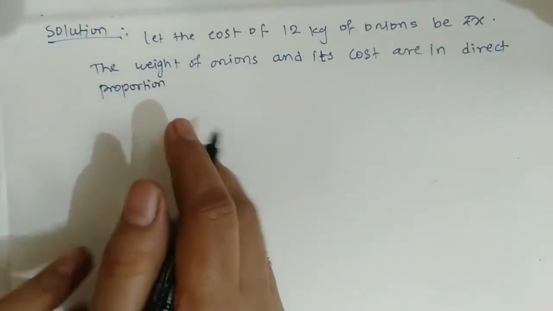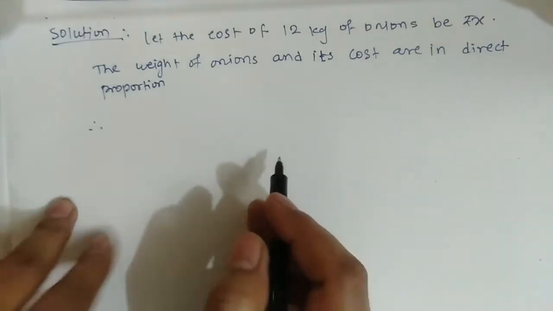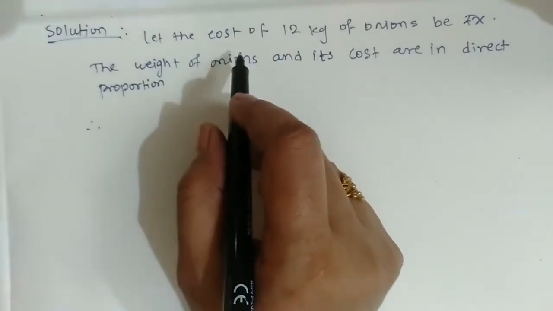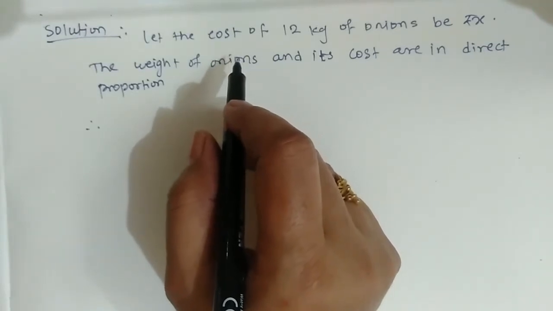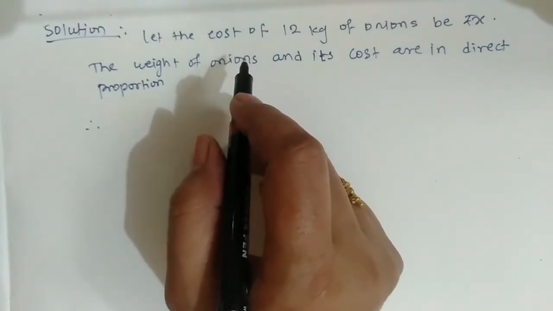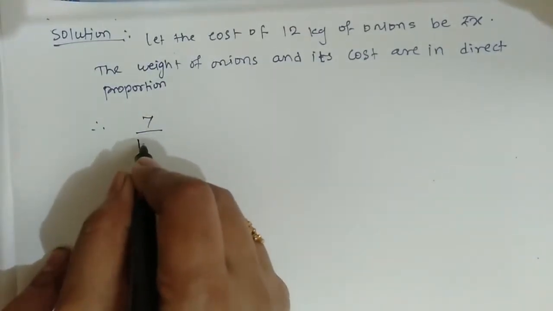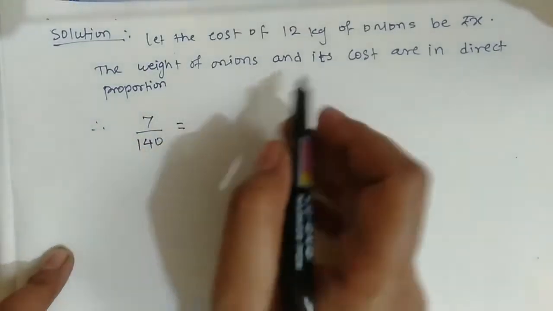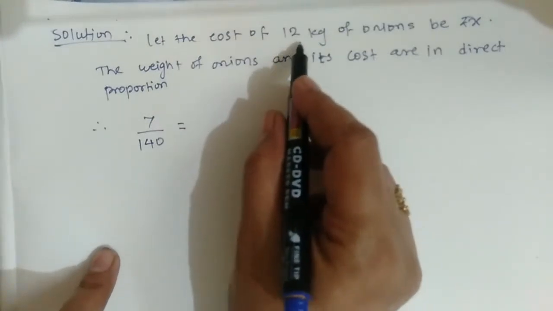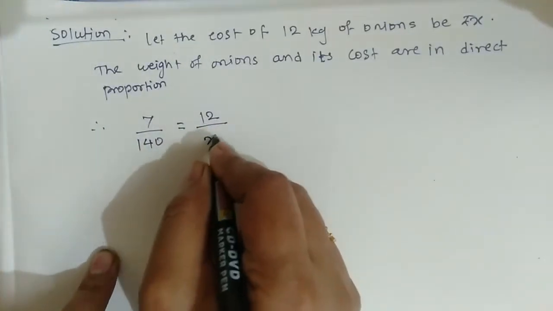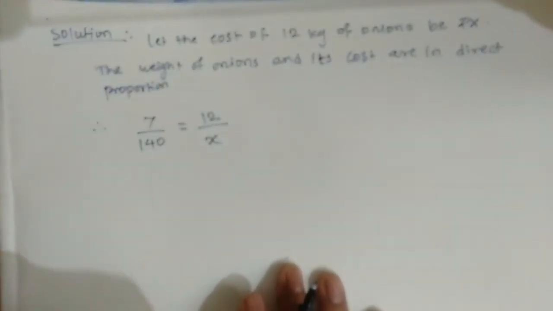So here we obtain the ratio. Therefore, seven kilo onions cost is 140. So 7 upon 140 is equal to 12 kilo onions cost is x rupees.